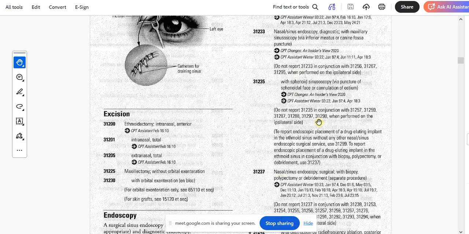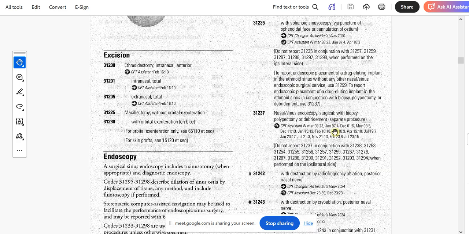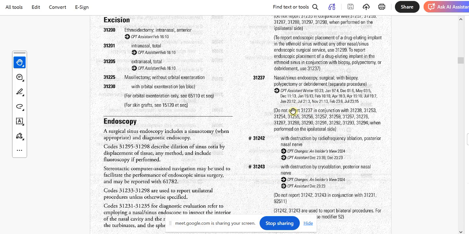We have combination codes for different types of procedures. For example, 31237 nasal or sinus endoscopy surgical with biopsy. Polypectomy. Polypectomy is removal of a polyp. What is a polyp? A growth, swelling. That's the kind of procedures you'll see. And you come across a lot of new procedures. So radio frequency ablation.